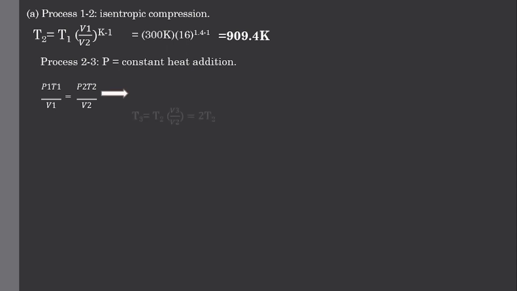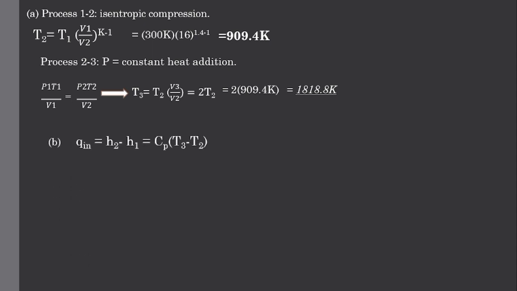So T sub 3 is equal to T sub 2 times V sub 3 over V sub 2, and V sub 3 over V sub 2 is equal to 2. So it is 2 times T sub 2, so 2 times 909.4. Our T sub 3 is equal to 1818.8 Kelvin.